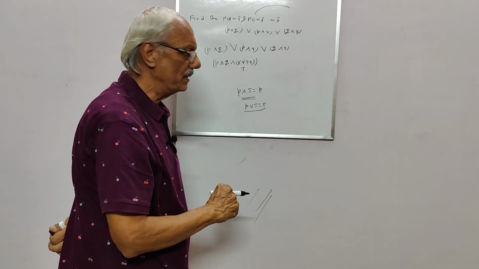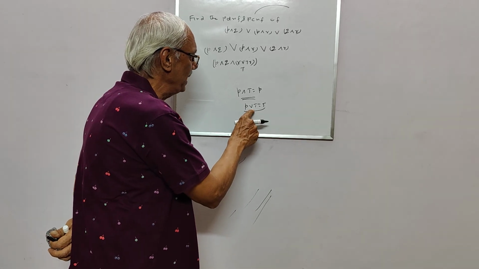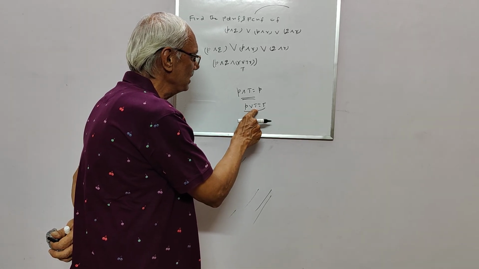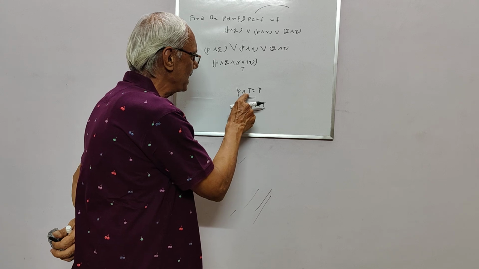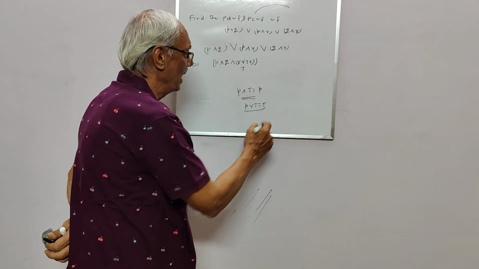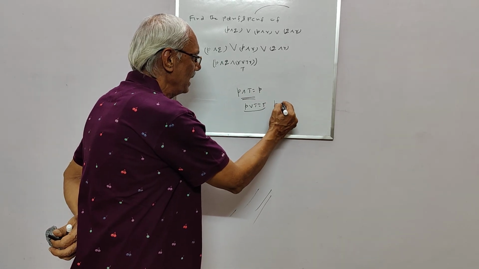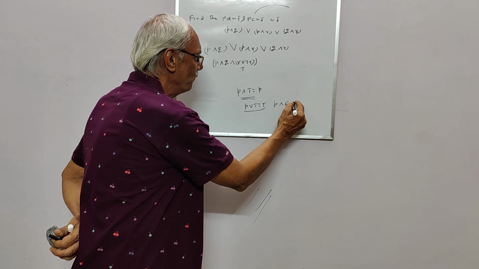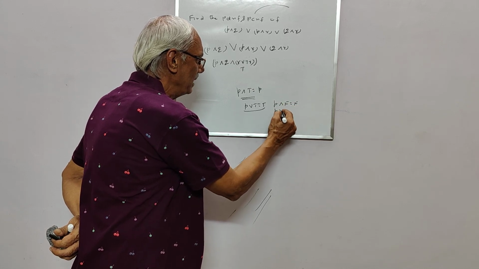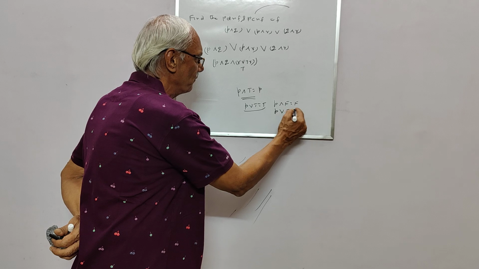This is a complement law. So you see that P disjunction T will be T, whereas P conjunction T will be itself, whereas P conjunction F will be F and P disjunction F will be P.